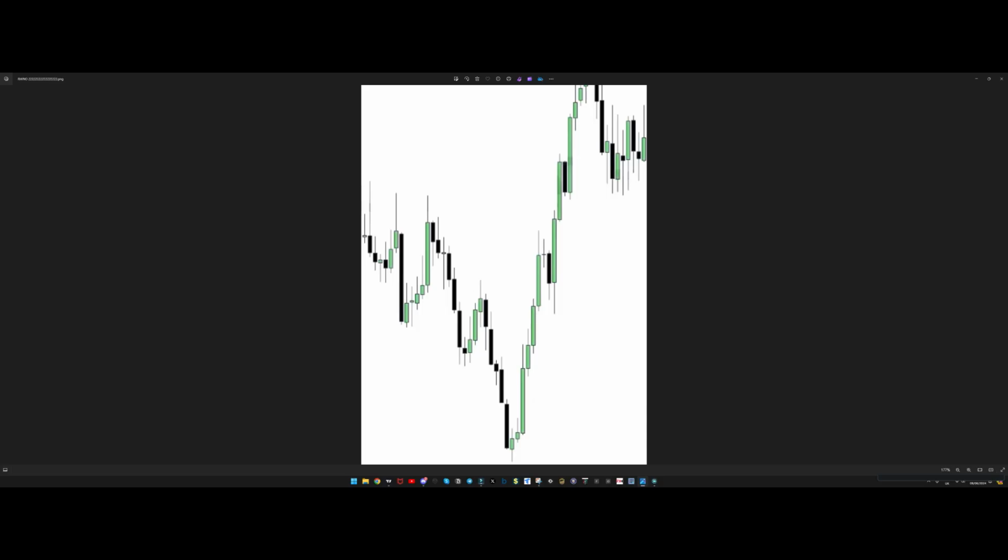Now, the basics of the unicorn model, or should I reiterate, the real unicorn model, is the fact that we have a breaker, right? The breaker is obviously a low, a high, a lower low, and then a higher high, right? And basically, sell side gets taken and buy side gets taken. This is how we recognize a breaker. Okay.